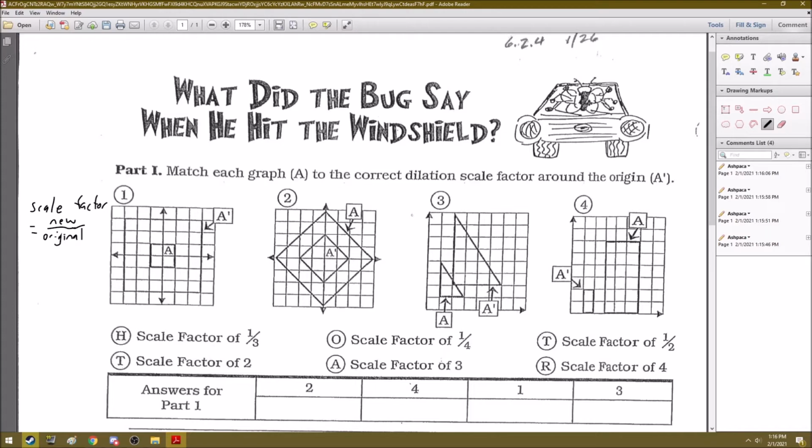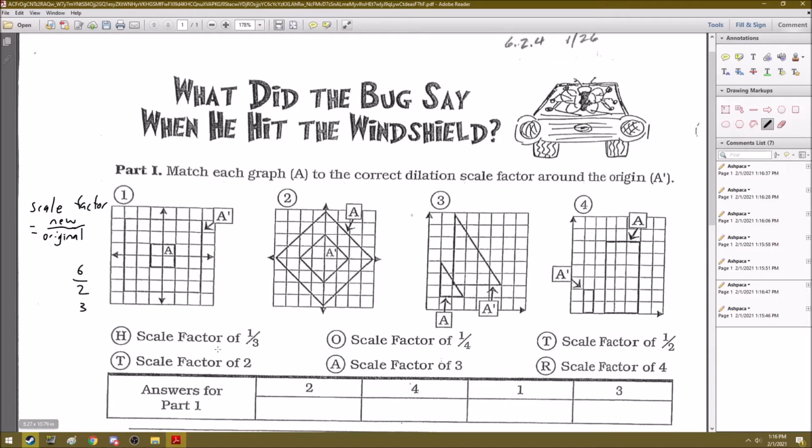So 1, 2, 3, 4, 5, 6. So it's going to be 6 on top, and then the corresponding side on the original is just 2. So it's going to be 6 over 2. But if you look down here, none of these scale factors are 6 over 2, but we can simplify that. So 6 divided by 2 is going to be 3. 2 goes into 6 3 times.